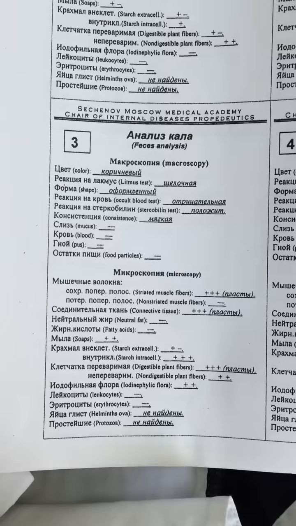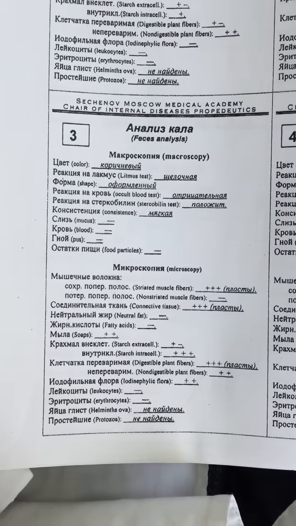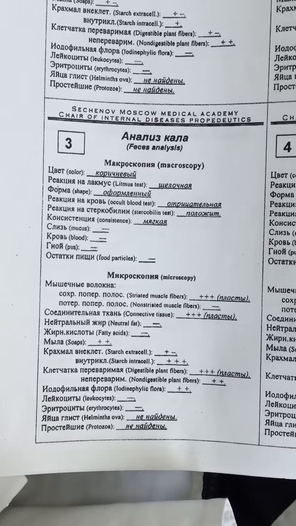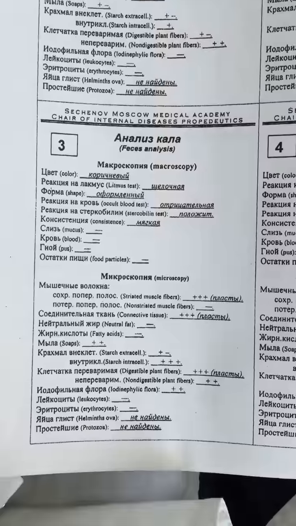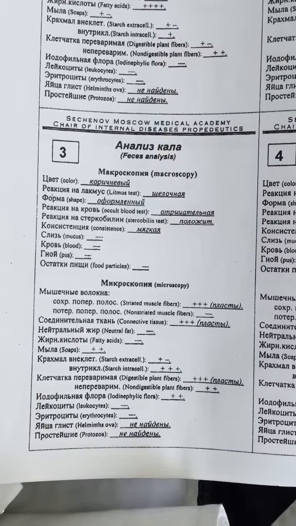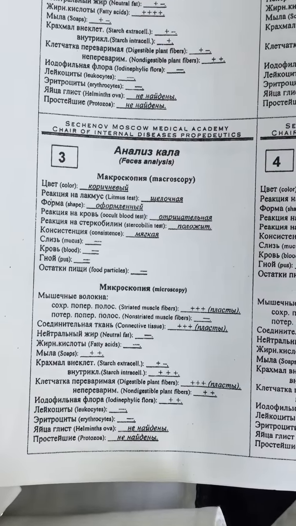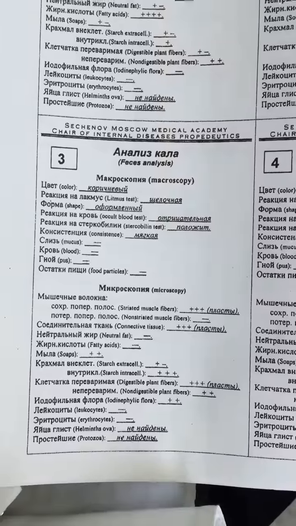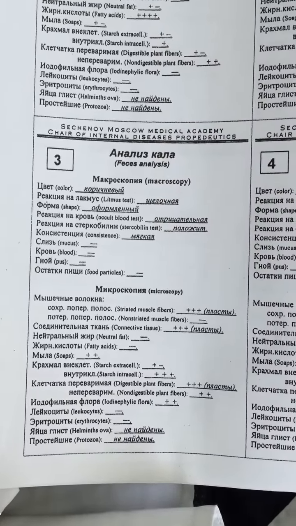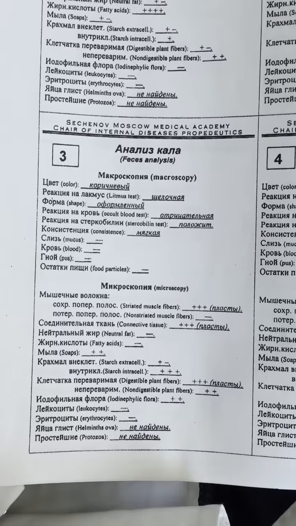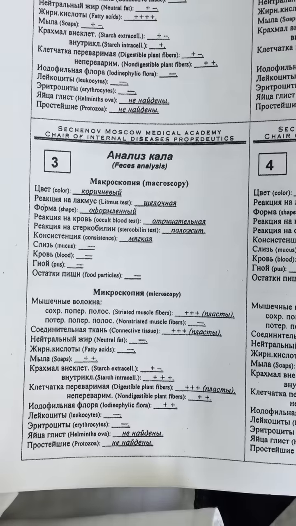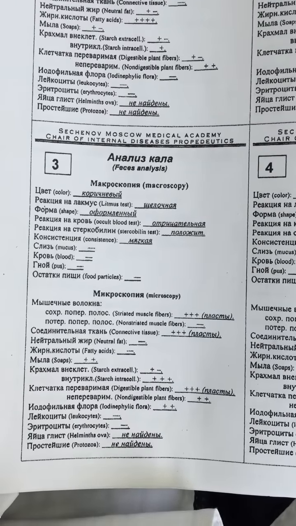iodinophilic flora. You sometimes give a wrong answer. Your conclusion may be that is pancreatic insufficiency, but if we have pancreatic insufficiency, we should have neutral fat. This is deficiency of gastric acid.